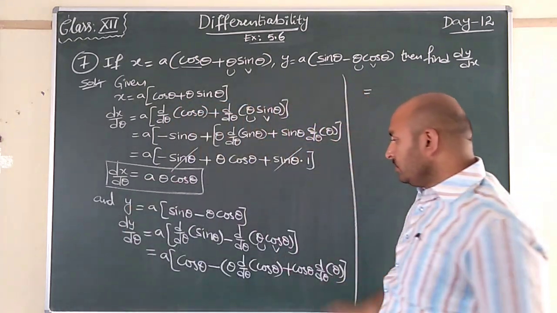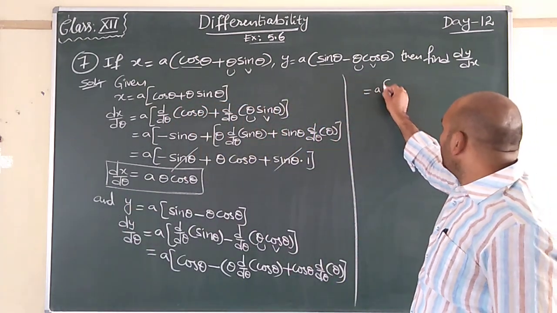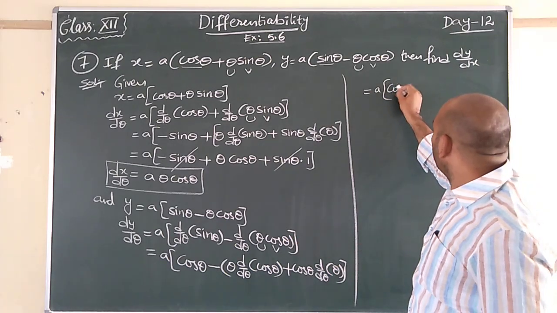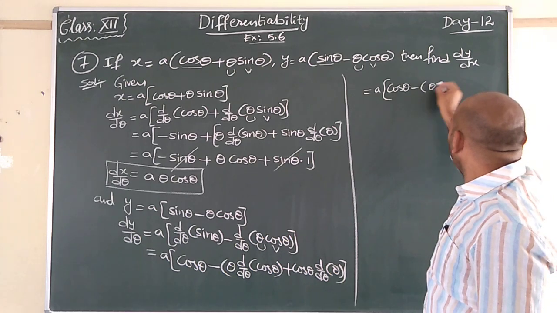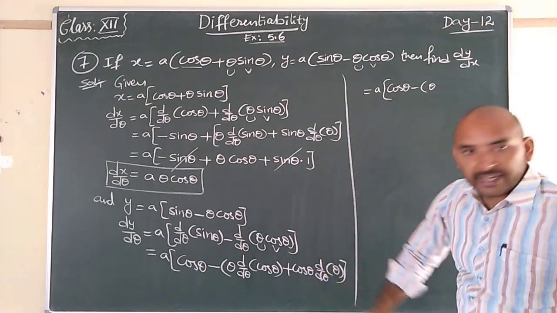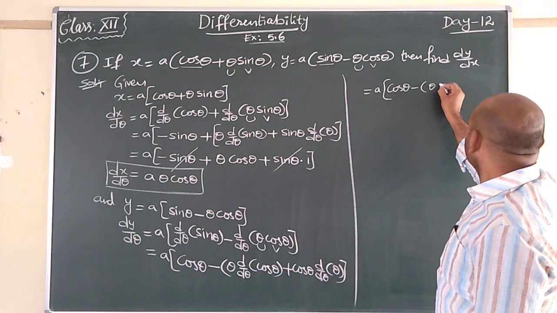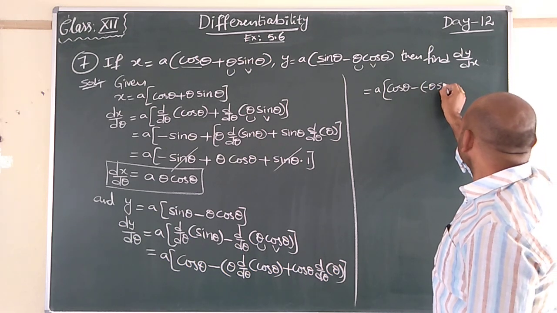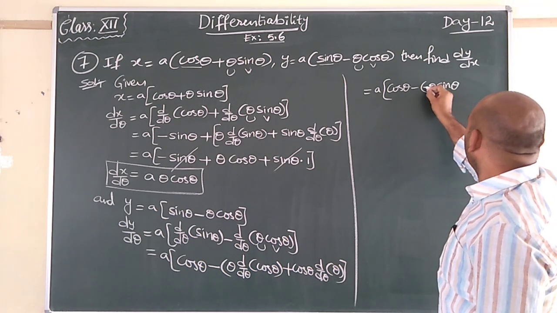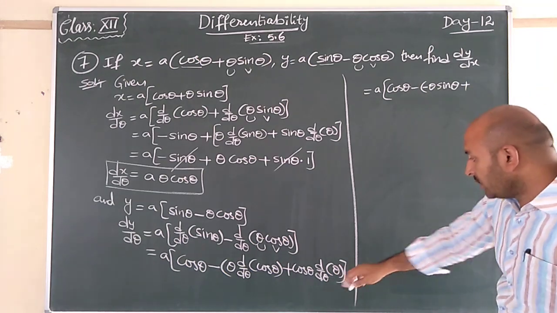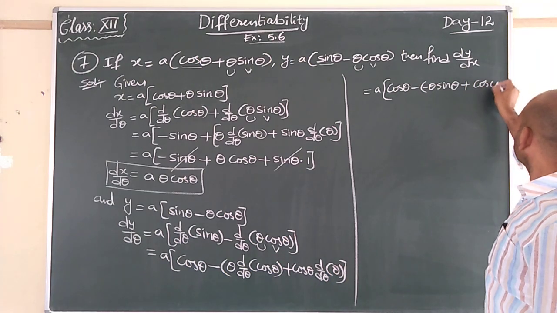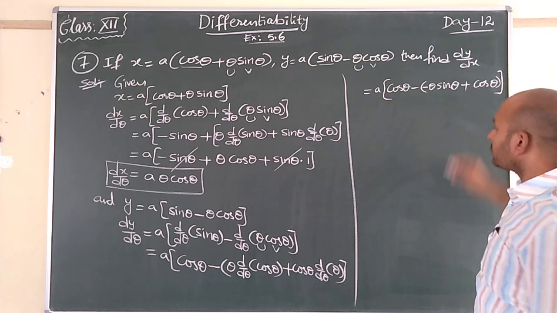It is equal to a into cos theta minus of theta into derivative of cos theta, which is minus sin theta, plus cos theta into 1.